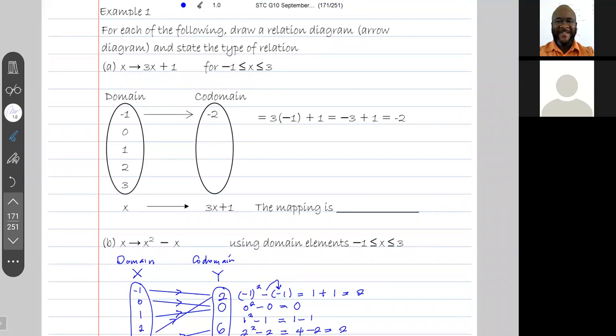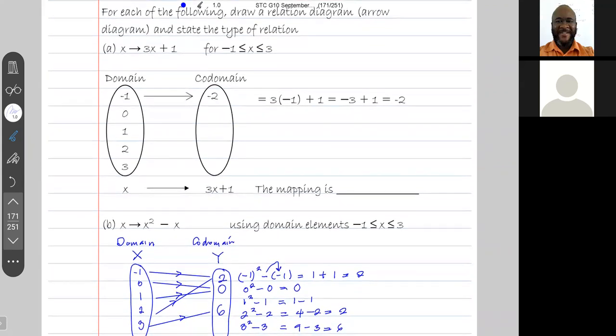We're to draw a relation diagram, arrow diagram, and state the type of relation. So the relation at A is x in the domain is mapped onto 3x plus 1 in the codomain, and we are using values of x, which are the domain values, from -1 to +3.